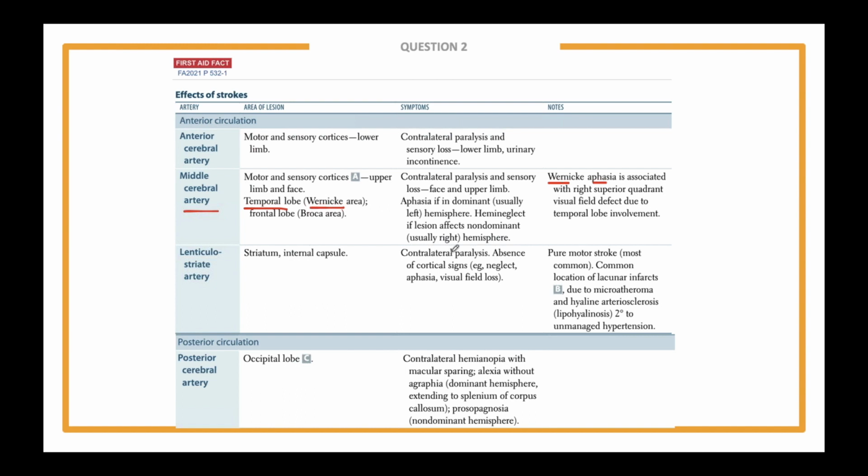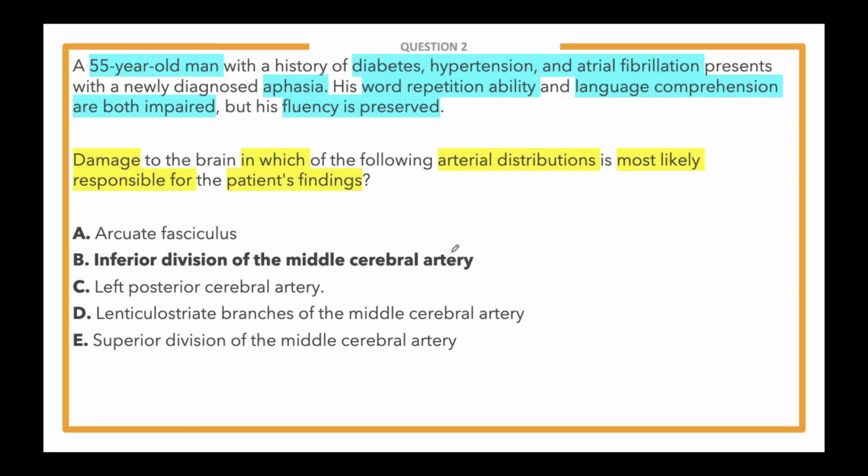So that's how you know that it would be the middle cerebral artery that would be affected in Wernicke's area or Wernicke's aphasia, okay? So the best answer choice here, going back to our question and answer choices, would be answer choice B, the middle cerebral artery, specifically the inferior division, okay? Now let's take a look at the other answer choices and why those are less correct answers.